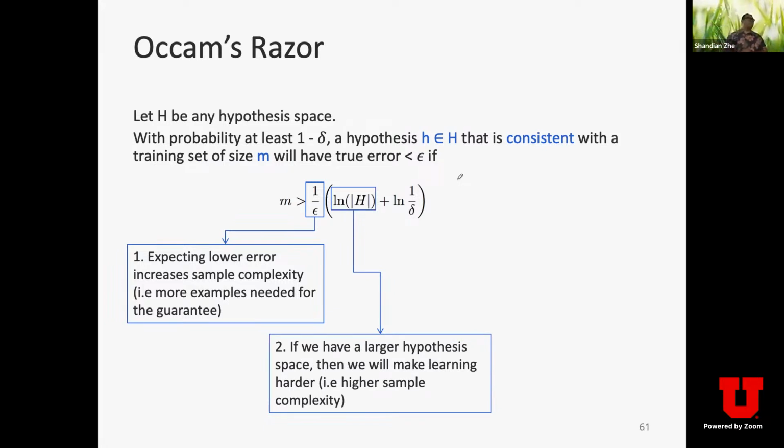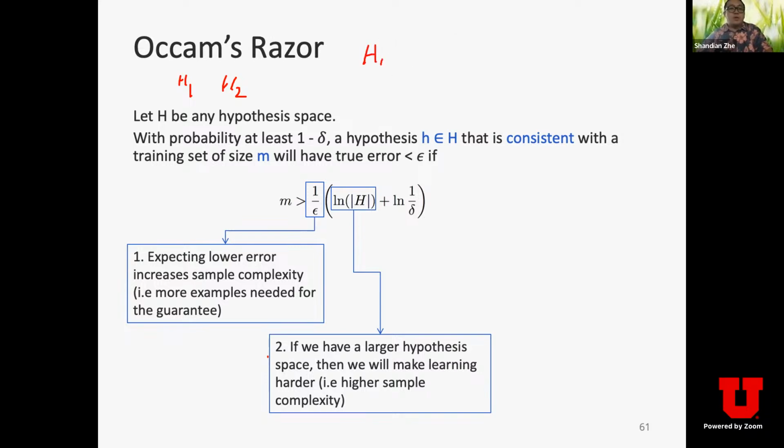And the second thing is even more interesting. Suppose you have two hypothesis spaces, H1 and H2, and given the same epsilon and delta level, which hypothesis space will give you a larger sample complexity bound? Let me state it again.